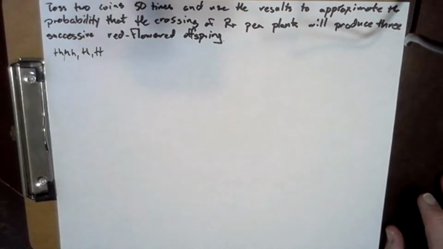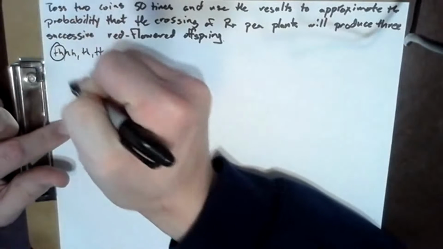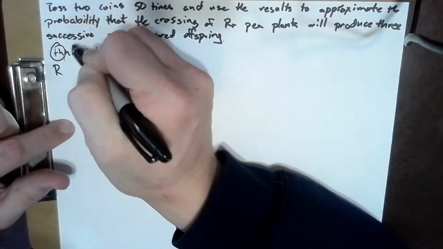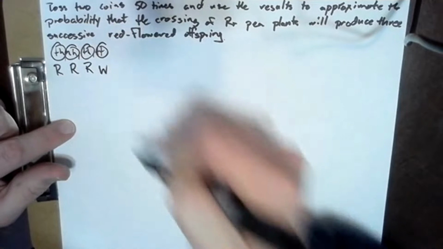I don't want to go through this piece by piece, but the basic idea is that when we flip 2 coins, this approximates the possible results from the crossbreeding of the two pea plants. Notice that right here, that equates to a large red, red, red, white.